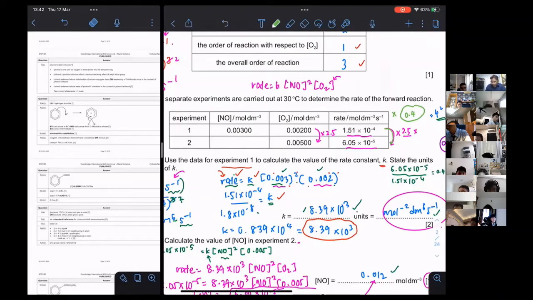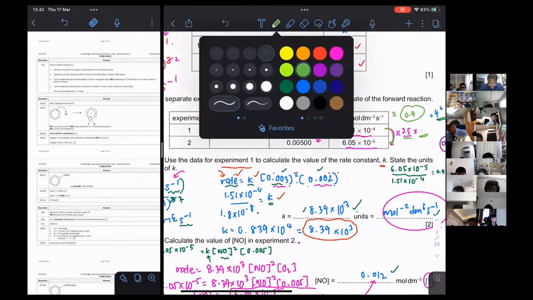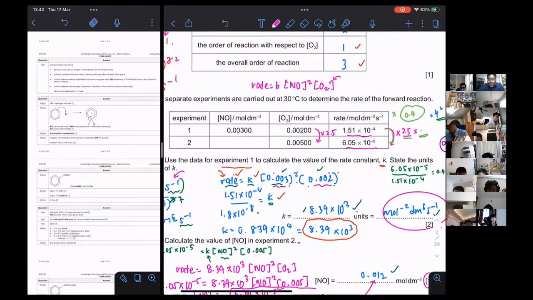Part of it is 2.5. How do you get what is here? What is X? 2.5 times what to get 0.4? 0.4 divided by 2.5. What is that? 0.16. Okay, thank you, Owen. Thank you, Michelle. So you see 0.16.